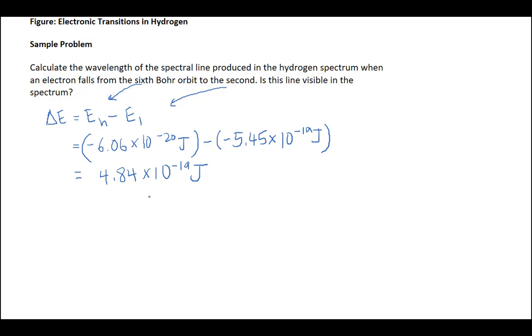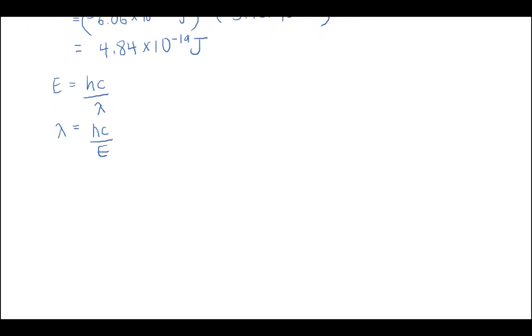Now, this is the energy associated with that electronic transition, but what we want to do is determine the wavelength of that light so that we can see, is it red light, is it purple light, is it blue light? And so we want to remember our formulas from before, and we have a formula that is E is equal to hc divided by lambda. So if we rearrange this formula, we have lambda is equal to hc over E. So h and c are also constants.